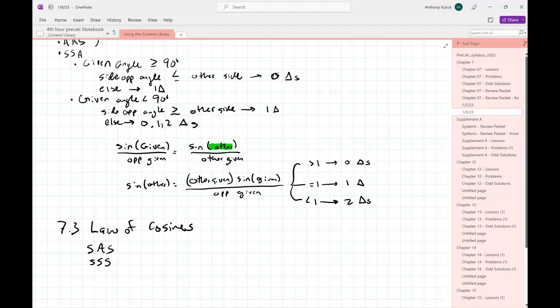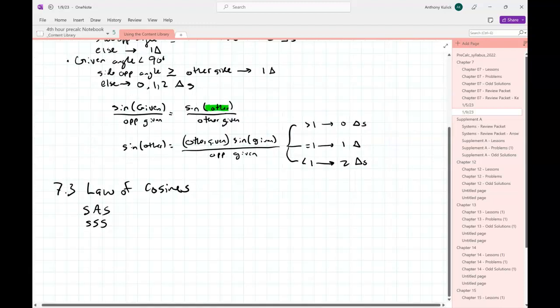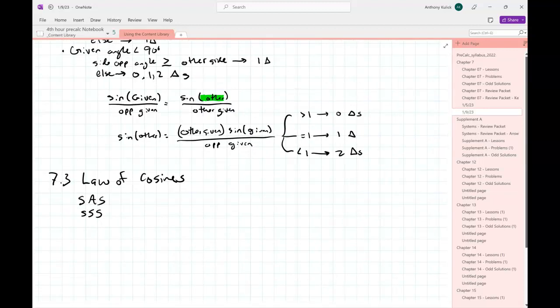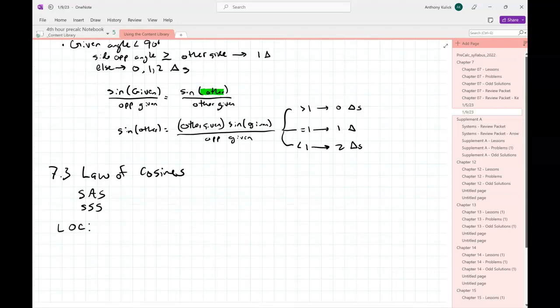And both of these we have to be a little bit careful about. So there are situations where funny stuff can kind of happen. Not quite side-side-angle careful, but a little bit careful. So start by writing down the law of cosines.